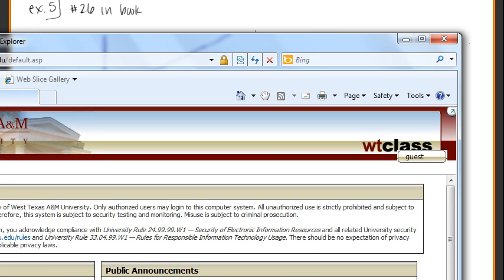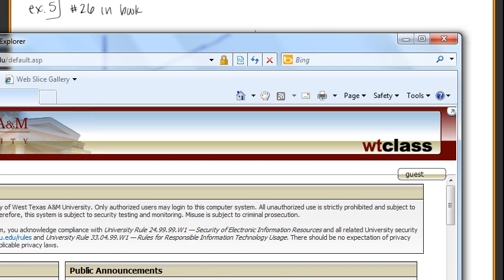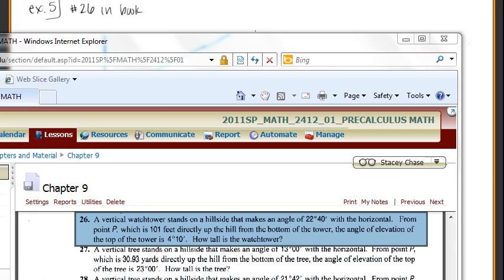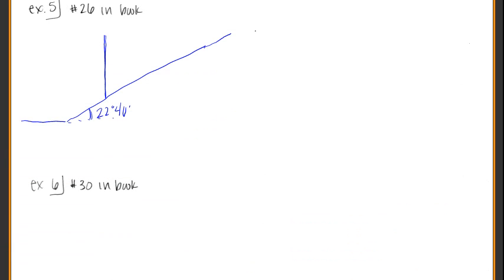So if I'm at point P, the screen just kind of went out for me for a second, but okay, even though point P is further up the hill, I have to have an angle of elevation to look to the top of the tower. So I have to be looking up to even get to the top of the tower from point P. Okay? So that's very, very important. It's a small angle, it's just 4 degrees and 10 minutes.